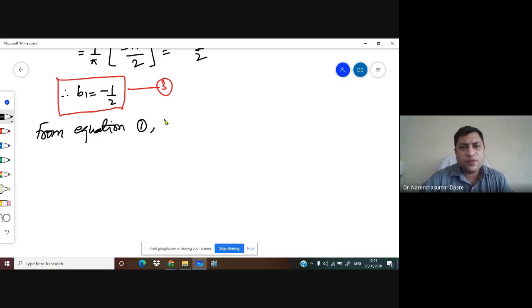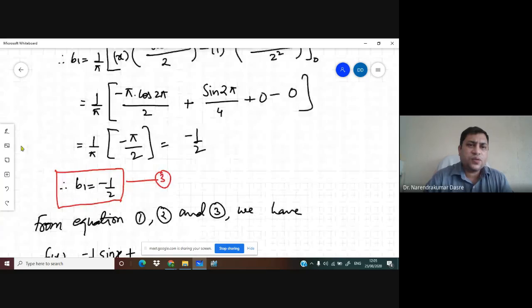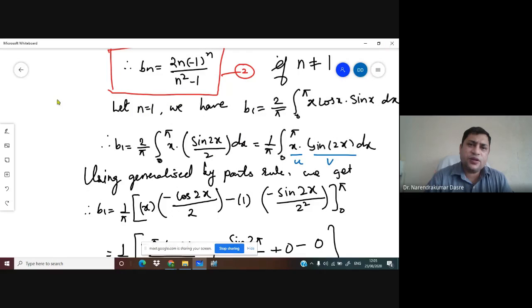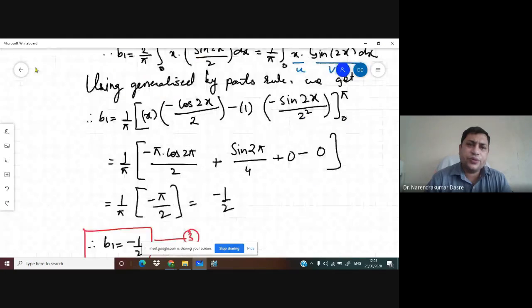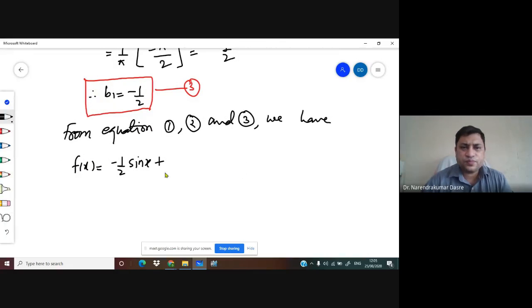So we can say from equation 1, 2, and 3, we have, so what we are having here, f of x is equal to minus 1 by 2 sine x plus. Okay, so what is the value of bn we have calculated? See, this is the value of bn we have calculated, so we can use it, and hence we can write twice summation n running from, please be careful.